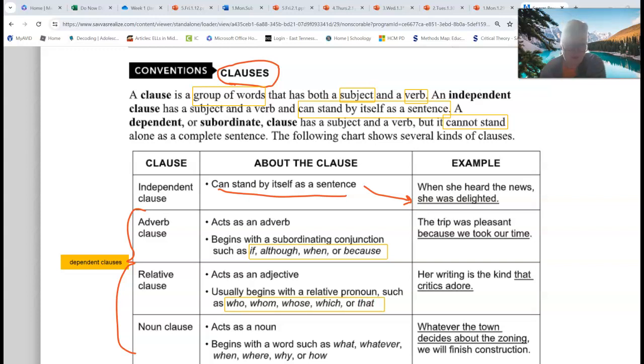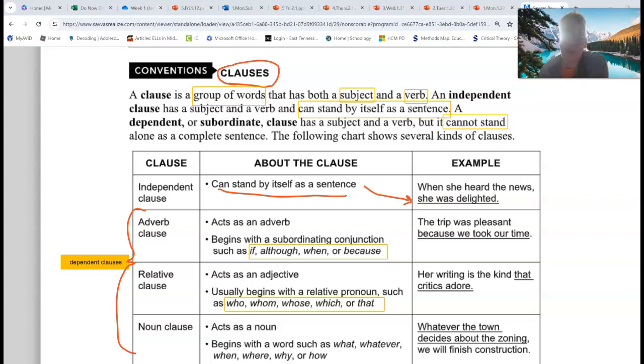And then moving down to the bottom, down with the noun clauses, you also have some clue words. But that's not always true. There are other words they could start with. So we need to look at what they do. What does each one of these do for the main part of the sentence? How do they add to the thought?